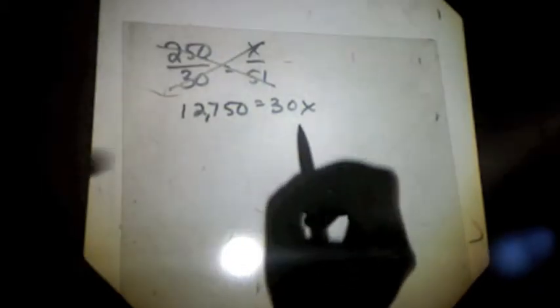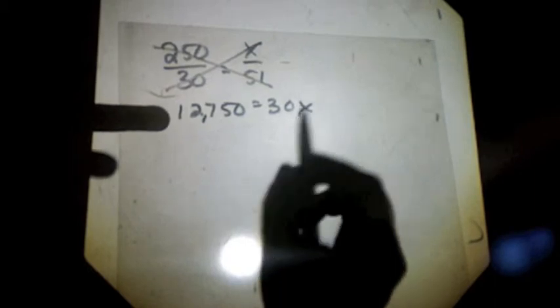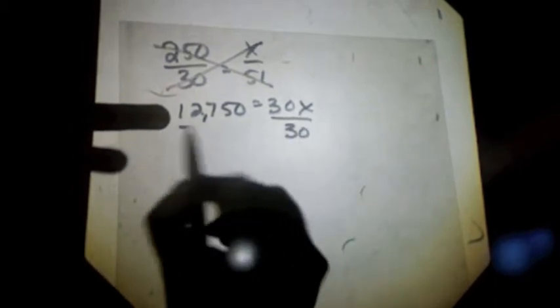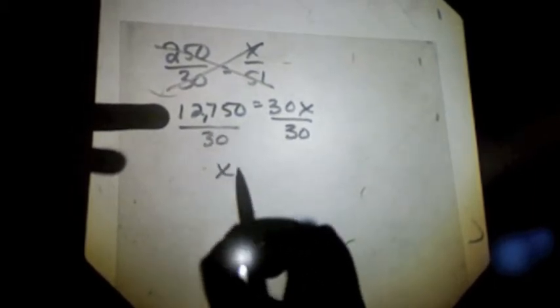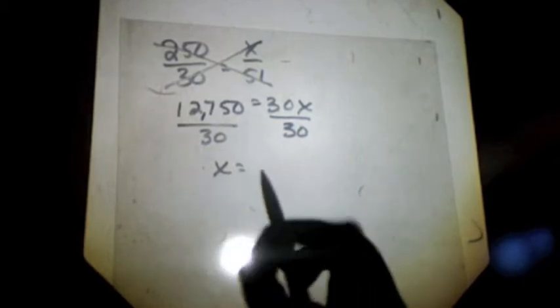Okay, and what would you do the next step here? Divide by 30 on both sides, and you get x equals 425.